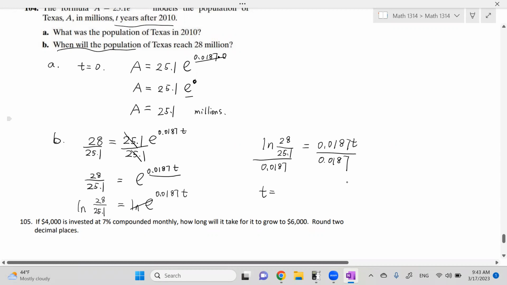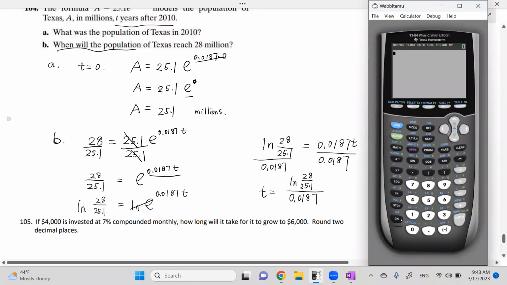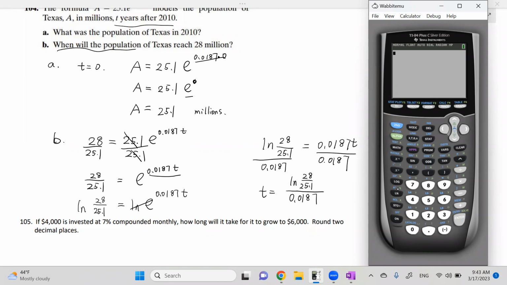So t equals ln of 28 divided by 25.1, divided by 0.0187. Let's see the calculator. On the top, we have ln, click ln 28 divided by 25.1, close the parentheses, divided by the bottom, 0.0187.